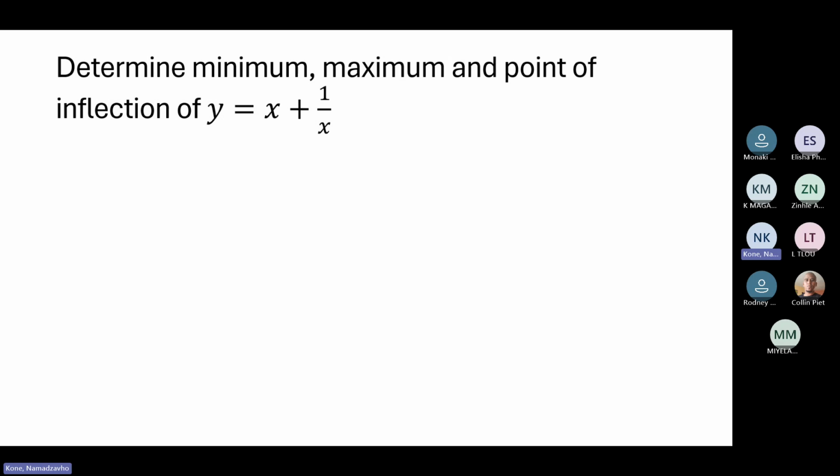So now to get these two types of points, minimum and maximum, it's about the first derivative of the given function. You find the first derivative of the given function, you put it equals to 0 and solve for x or the unknown. Now the values of the unknown that you find are x coordinates of either the minimum or the maximum.